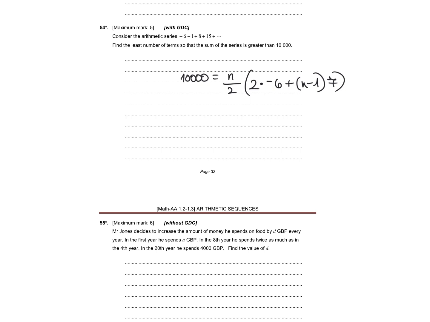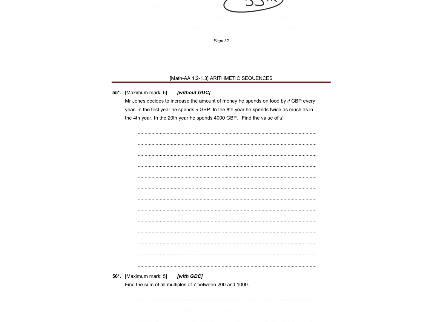So, yeah, you end up getting n is 54.8. So the least number, so at 54.8 it's equal, so the 55th term should be greater than 10,000. You can always use the table as well.